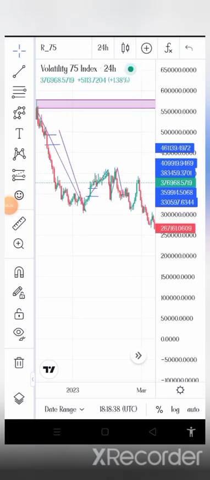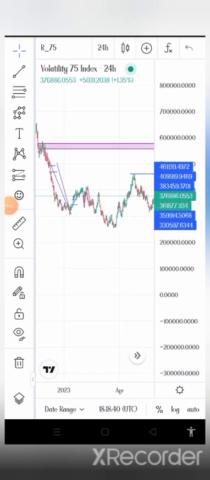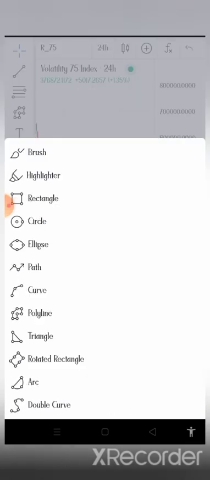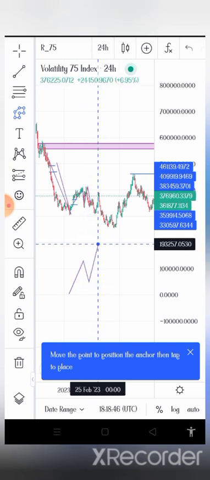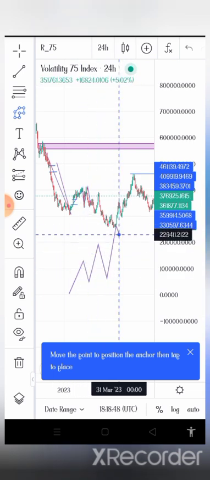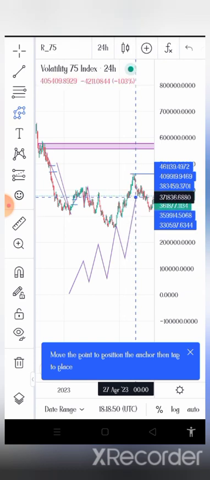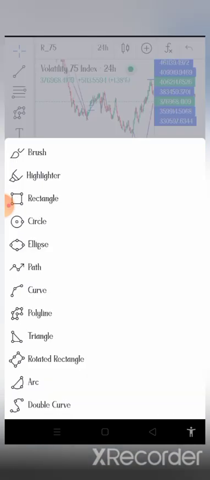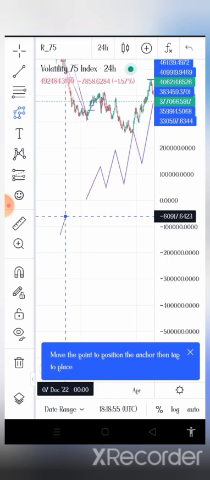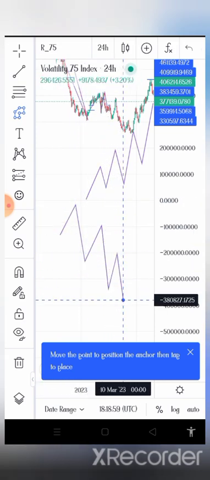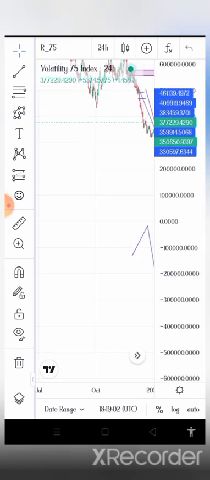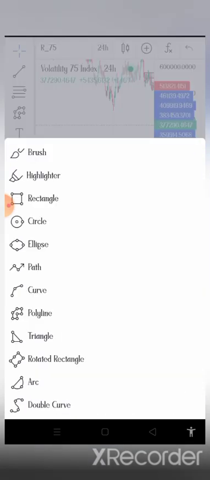Now we move to consolidation. So we have an uptrend. This is what an uptrend looks like, made of higher highs and higher lows. And we have the downtrend of lower lows and lower highs. Then we have the ranging market or consolidating market.